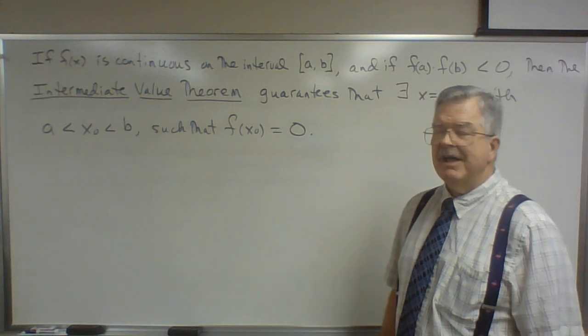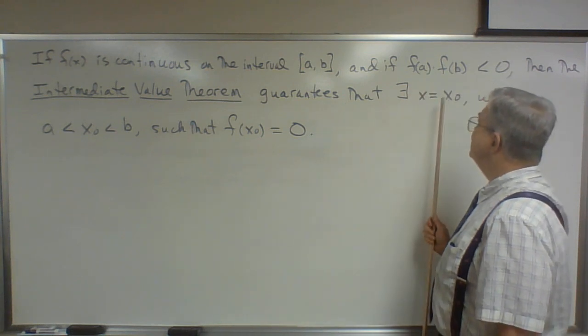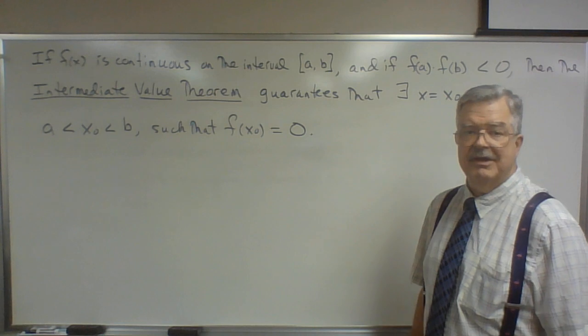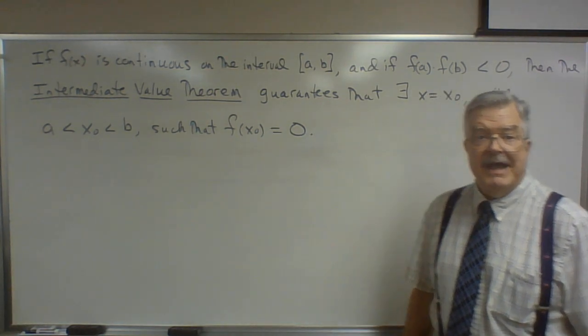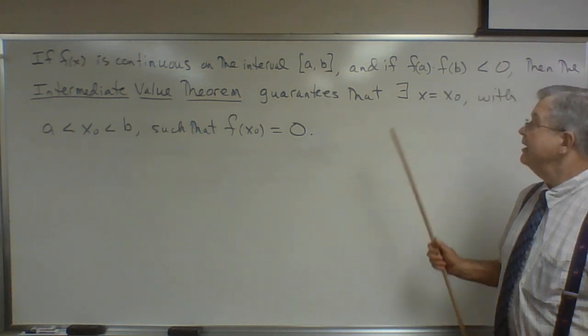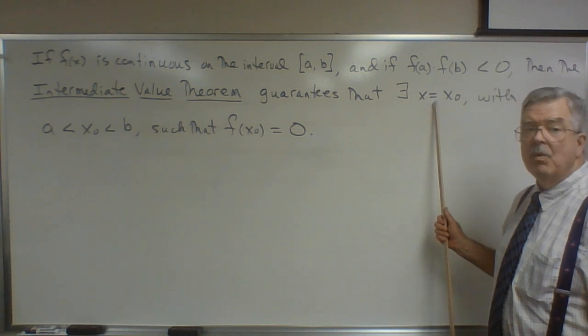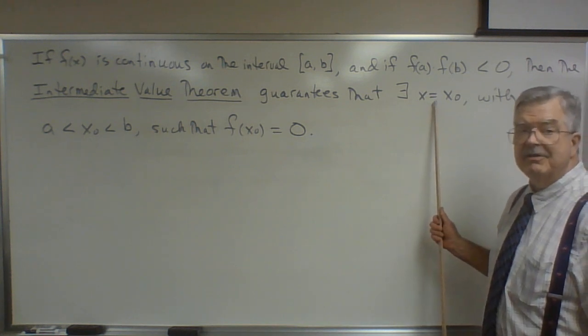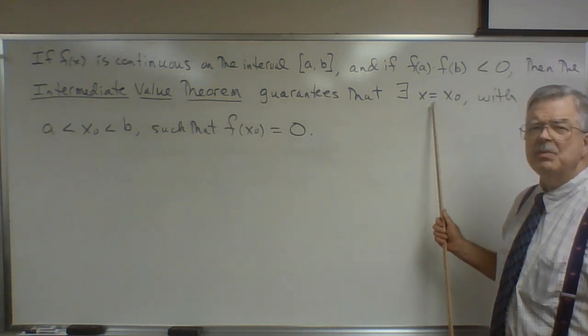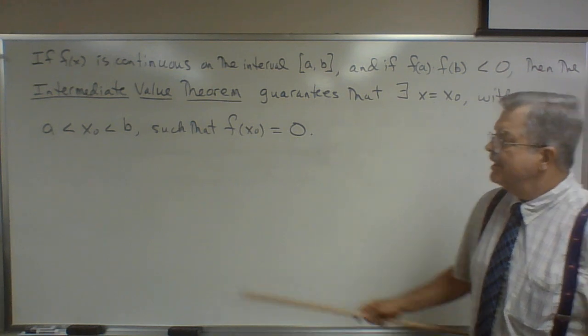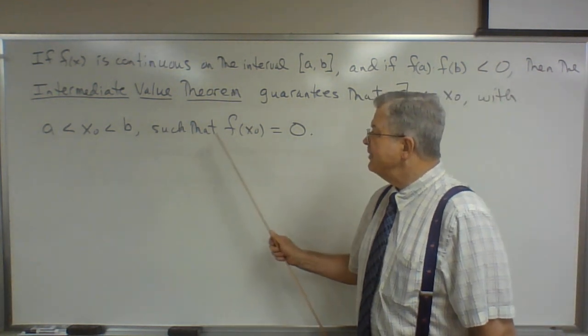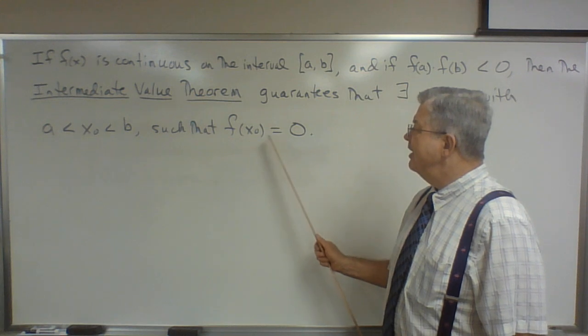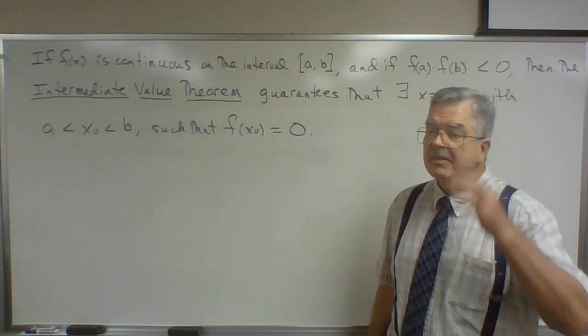The fact of the matter is, it may be the case that more than one of these x values exists, but there's at least one x value between a and b such that f of x naught equals 0.